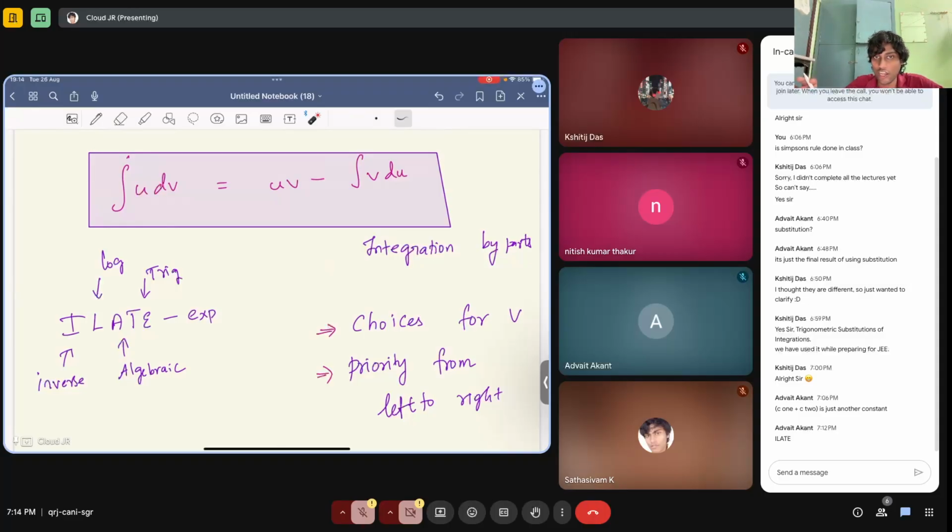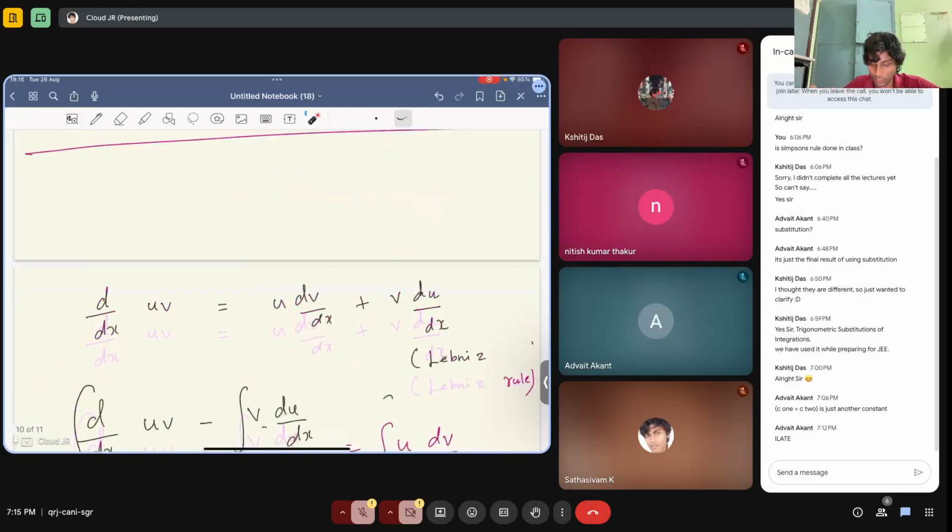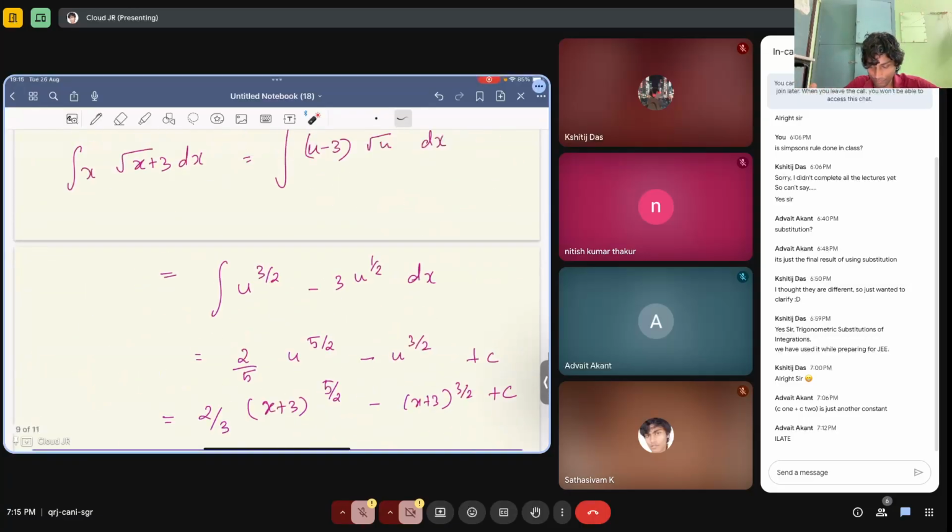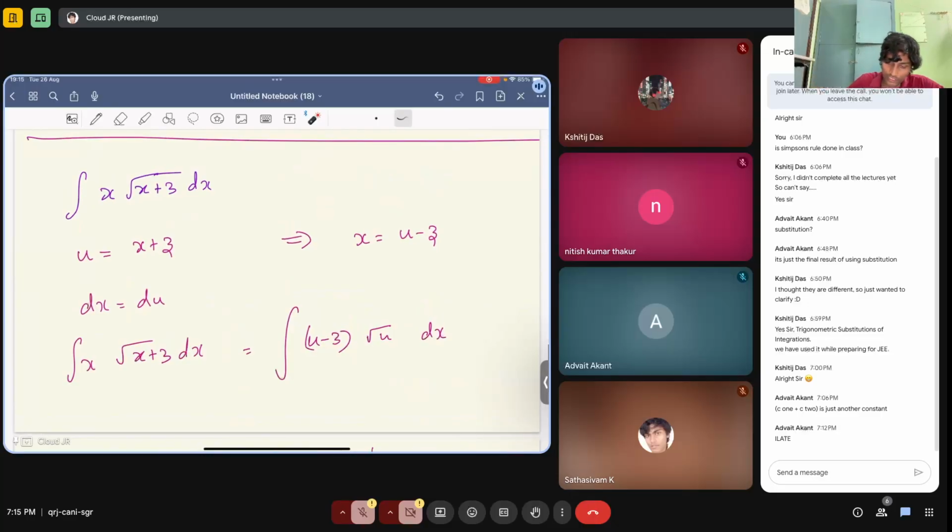Okay, that is the real thing we are going to do. For example, here when you look, what we have seen is that the problem that stops us from doing it is this square root here, right? And we want to eliminate the square root, and hence we did the substitution, transferring this algebraic thing to the other side.